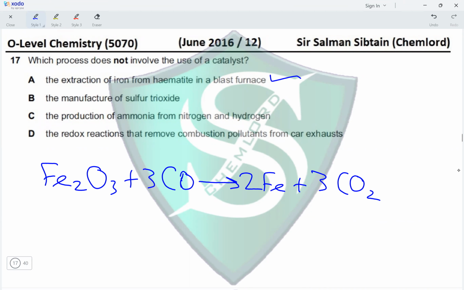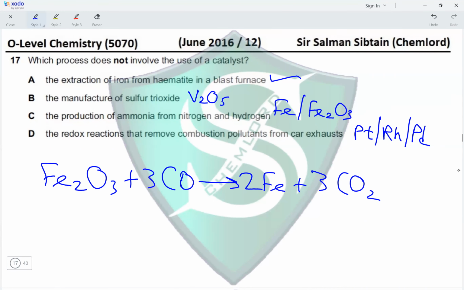The manufacture of sulfur trioxide has vanadium(V) oxide as the catalyst involved. The production of ammonia from nitrogen and hydrogen has either iron or iron(III) oxide involved as a catalyst, and the redox reaction that removes combustion pollutants from car exhaust, which means the catalytic converter, has platinum or rhodium or palladium or any combination of these metals.